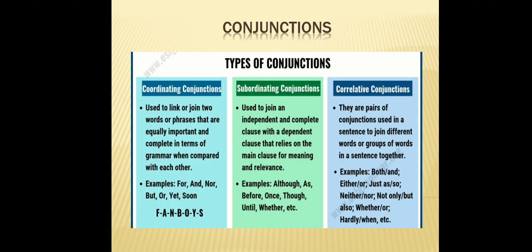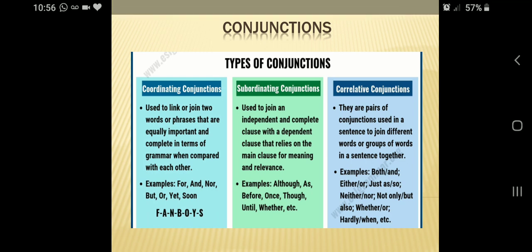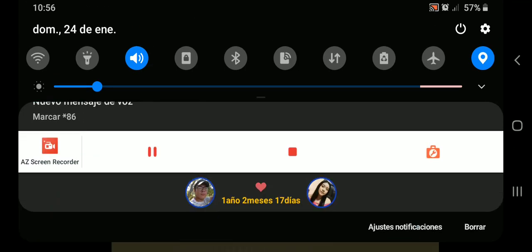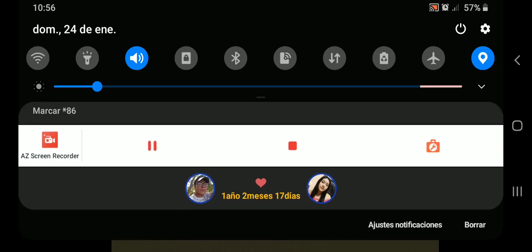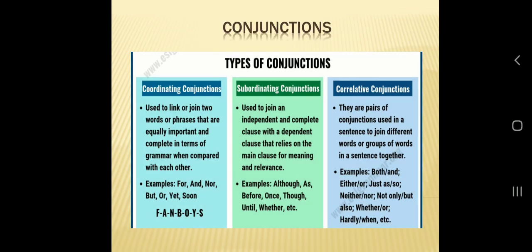Then we have the subordinate conjunctions. Subordinate conjunctions make clauses dependent, so an independent clause is needed as well.